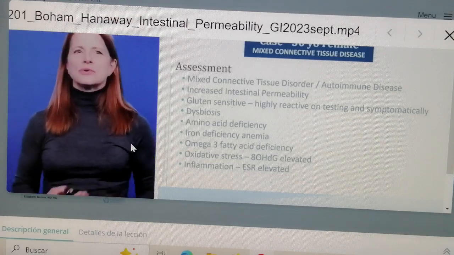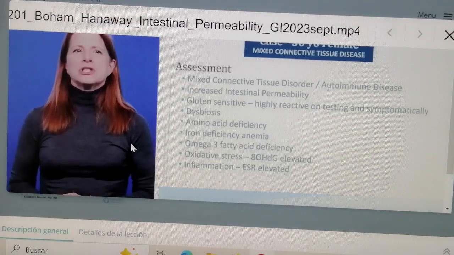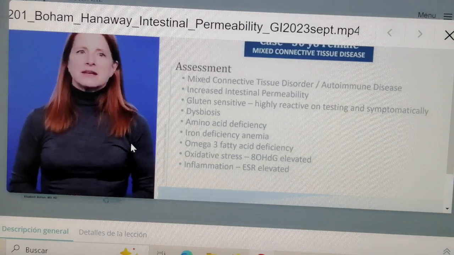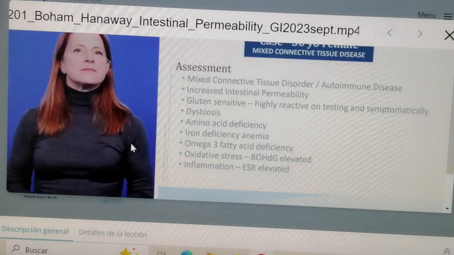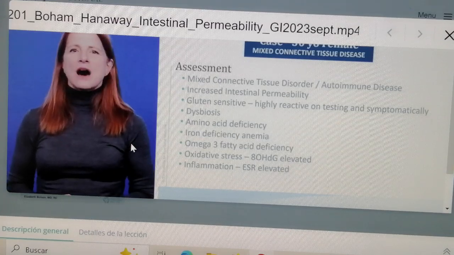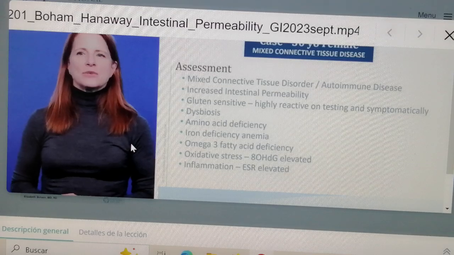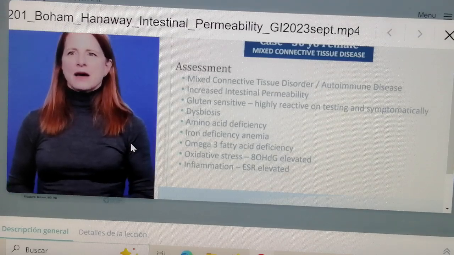And was that because of local inflammation in her gut? She had some iron deficiency and omega-3 deficiency. We also saw some oxidative stress that may be a reaction to this ongoing inflammation in her body and in her gut. And she had inflammation with that ESR, her SED rate being high.